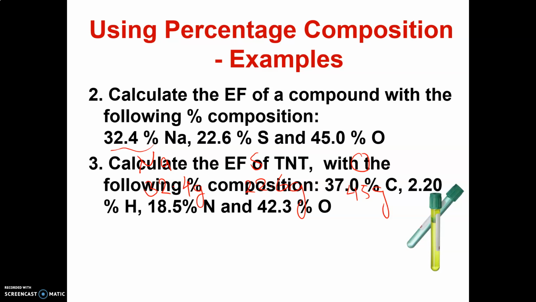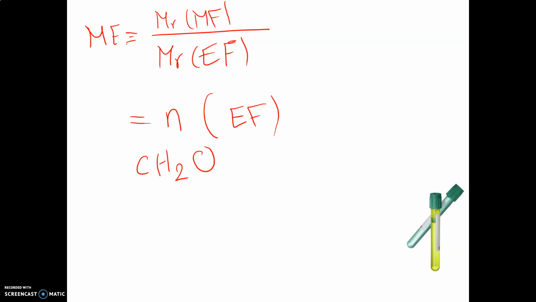One more thing. For the molecular formula, we will only add one step to the empirical formula. In the example you will be given the molar mass of the molecular formula, and you will calculate the molar mass of the empirical formula.